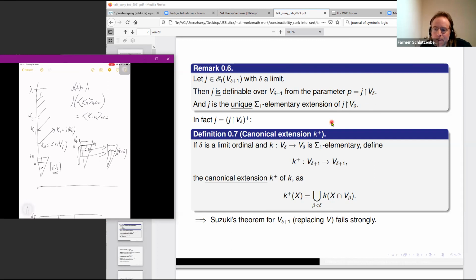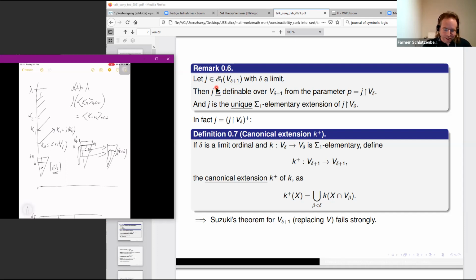Could I just ask? These embeddings, if you have an embedding from V delta to V delta, it's got to be cofinal, right? And if it's Sigma 0 and cofinal, then isn't it automatically Sigma 1 preserving? Well, it can be Sigma 0 but not cofinal. If it's from the structure to itself, doesn't it automatically?